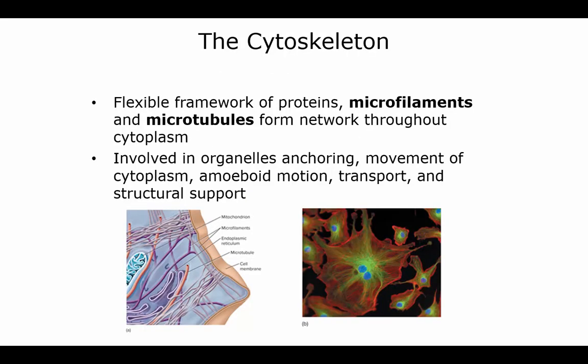Now the cytoskeleton gives some structure and support to the cytoplasm and the organelles that are in it. It's a network of proteins and microfilaments and microtubules scattered around in the cytoplasm, and that's what the organelles anchor to and the way they move throughout the cell.